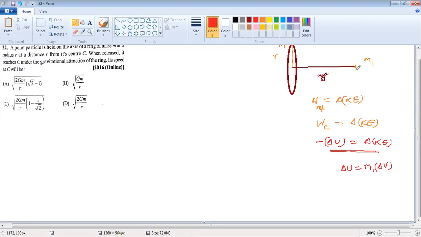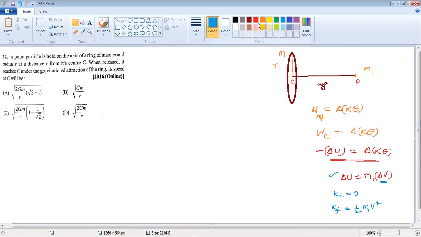The initial position is at P, and the final position is at C. Sorry, not this O, he gave us C, this one is at C. Now the change in kinetic energy: initially it is at rest, so the initial kinetic energy is 0. The final kinetic energy at C is half of m1 v square. We want to find the speed v. To solve this, we must know the change in potential energy, and for that we must know the change in potential.